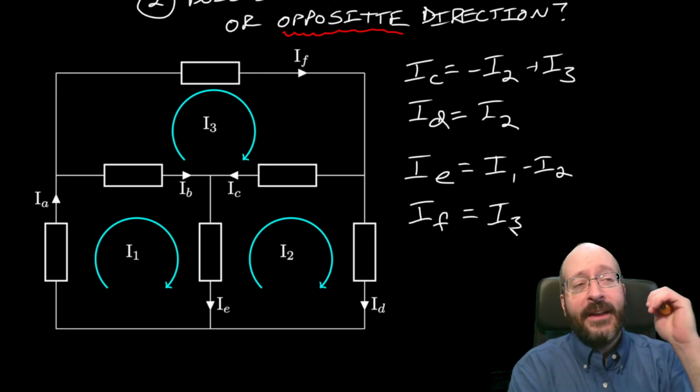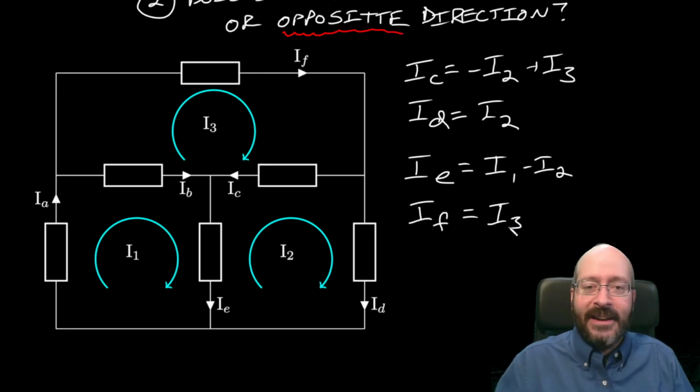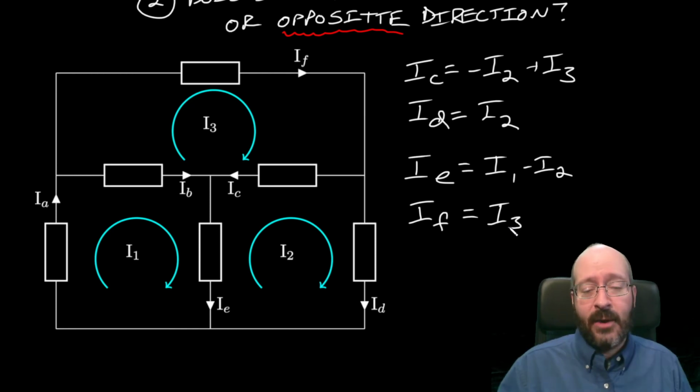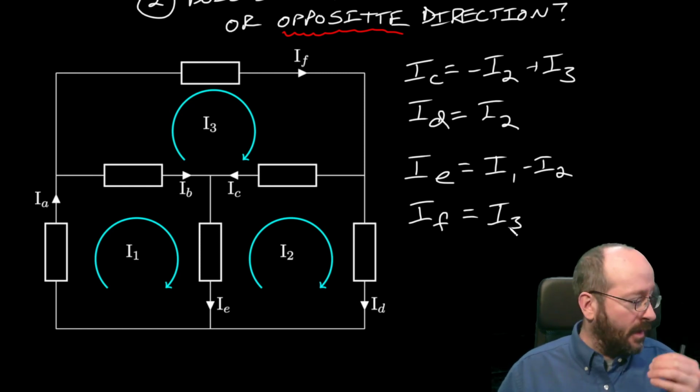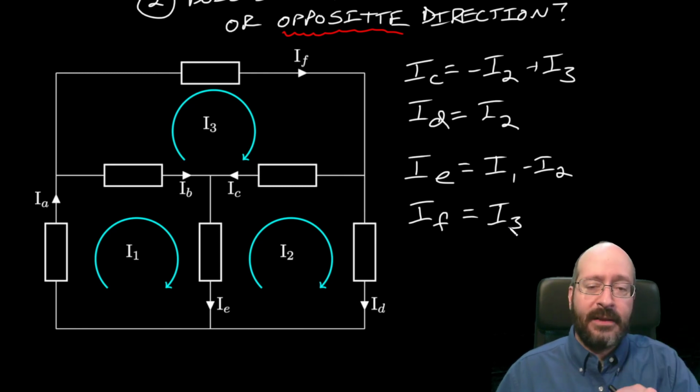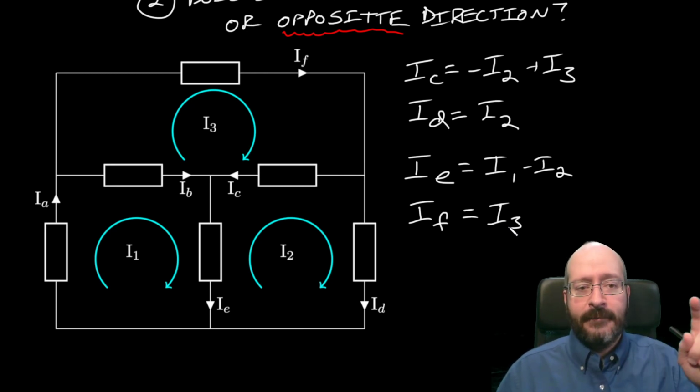If I know the mesh currents, which we don't know how to find yet but we're working up to that, I can find any current I want in the circuit, and that's a really powerful thing. Let's end this video here, and in the next video we're going to do the same kind of thing, but find any voltage in the circuit.